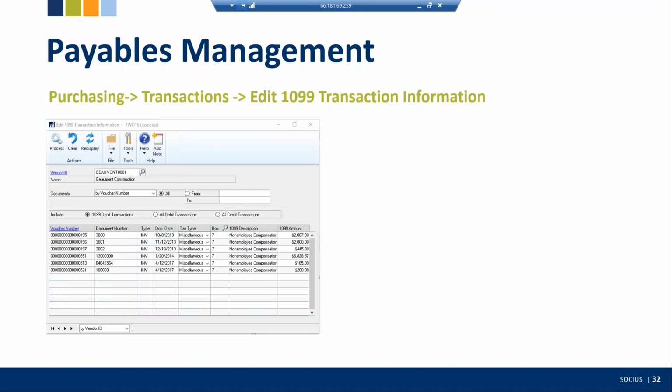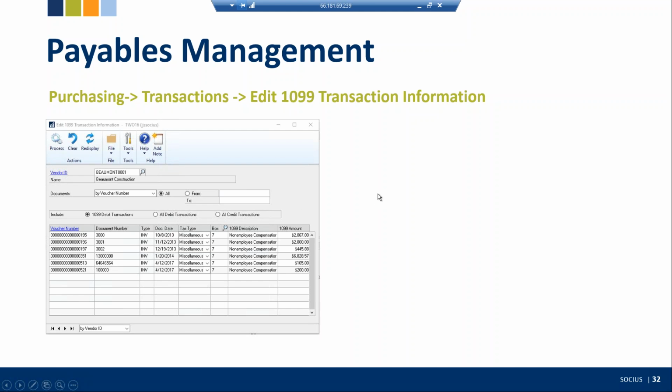Now, a couple other things to keep in mind on the payable side: you do have the ability to edit 1099 transaction information. This actually allows me to take a particular transaction after the fact, and I can edit it to change the tax type, for instance, or the box, so that the numbers are accurate.